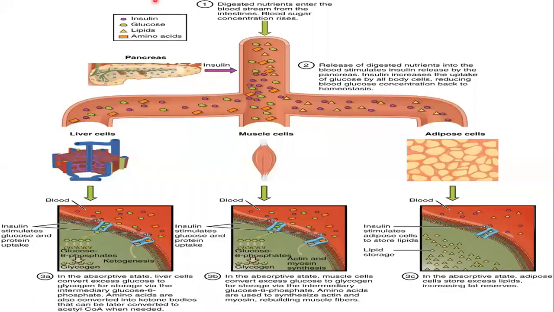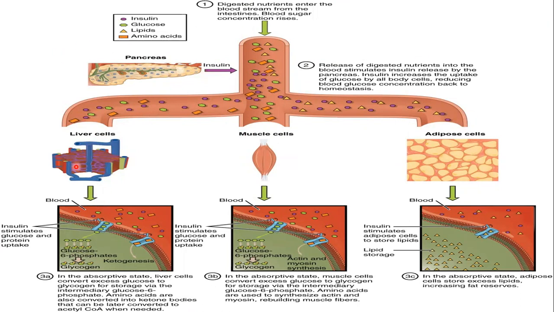This is a picture of how insulin works. The digested nutrients enter the bloodstream. When there is a high blood glucose level, the pancreas is triggered and releases insulin. Then in the bloodstream we have insulin and high blood glucose, which go into three types of cells: liver cells, muscle cells, and adipose cells.